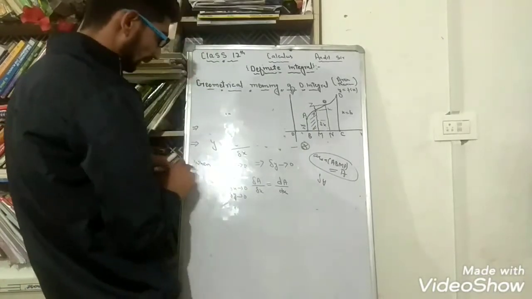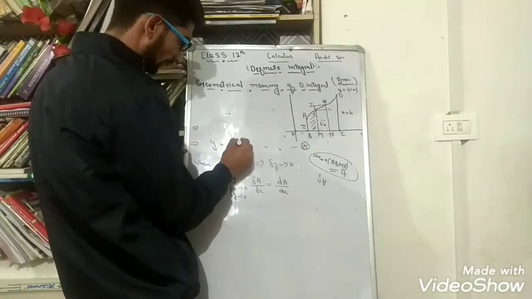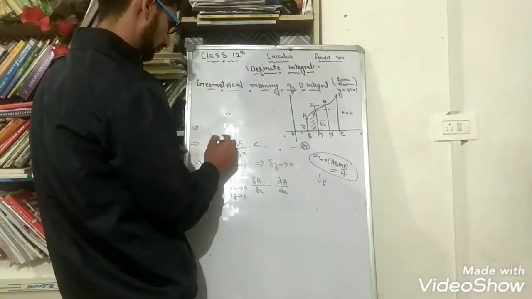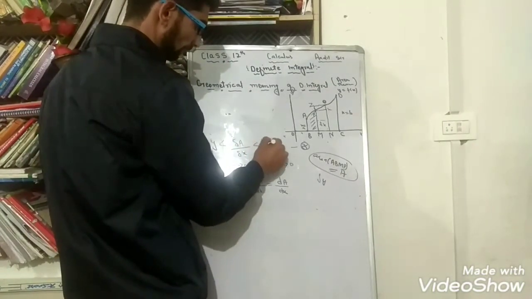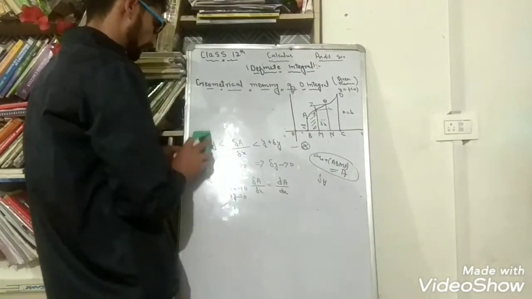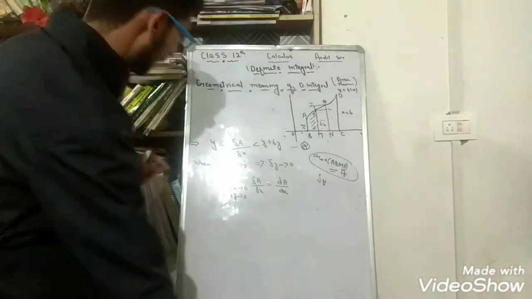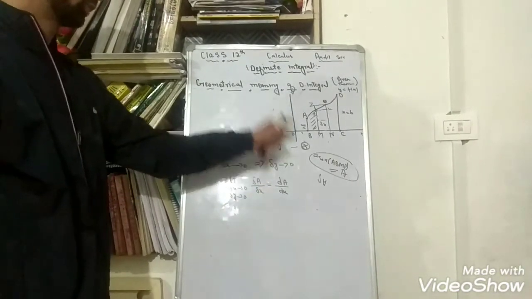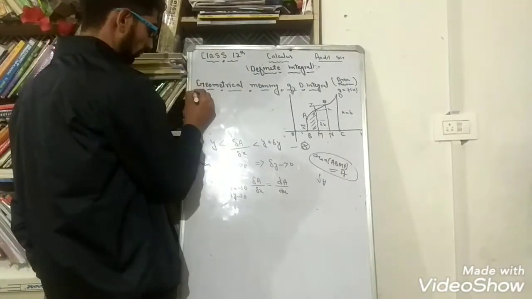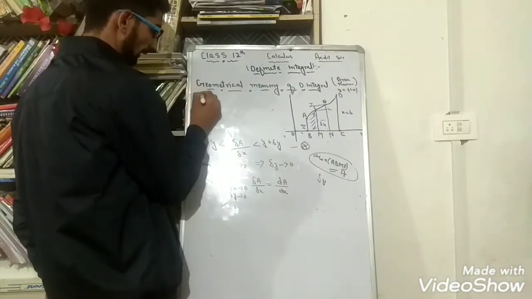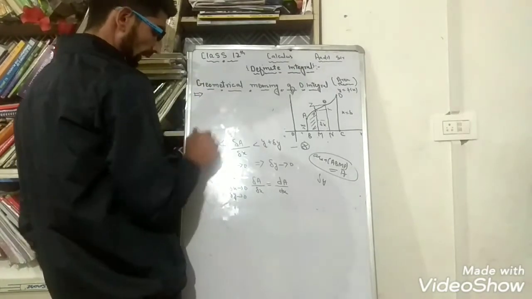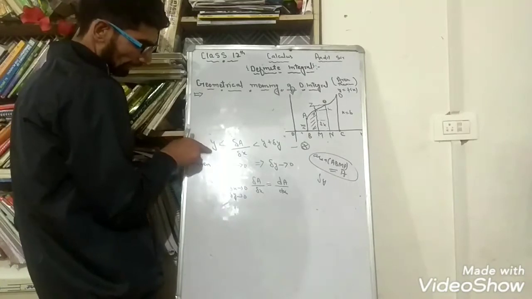Sorry, here it is, Y less than del A divided by del X, less than Y plus del Y. Now I will approach del X and del Y to 0 in this equation. So what I will get when I approach del X and del Y to 0?